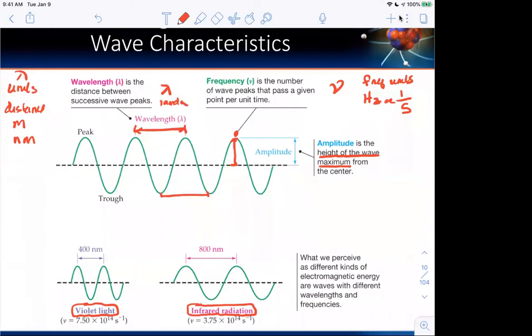Here my wavelength is going to be 800 nanometers, and my frequency is 3.71 times 10 to the minus 14. So I have an increased wavelength and I have a decreased frequency. And that should be a relationship that we know. Anytime wavelength increases, frequency decreases, because the product of that has to equal the speed of light.